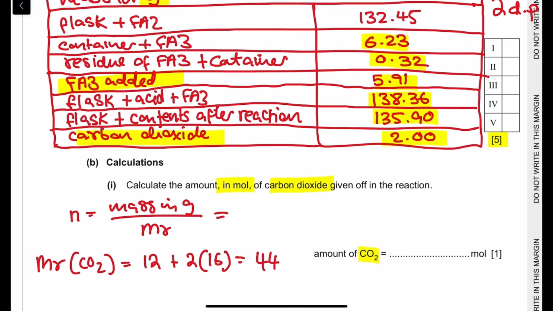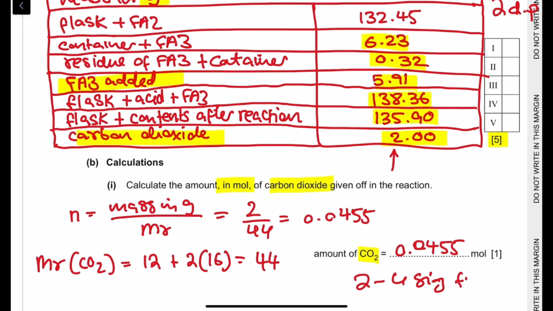So our number of moles is going to be the 2 grams that we had produced, divided by 44, and that will give us 0.0455 moles. The mark scheme wants the answer to this question to be from 2 to 4 significant figures.